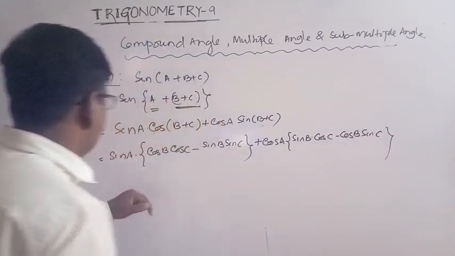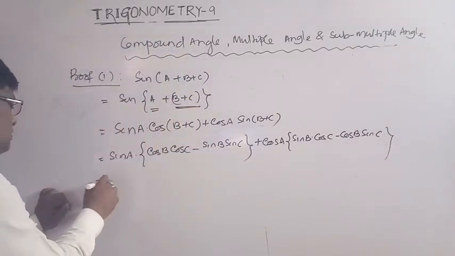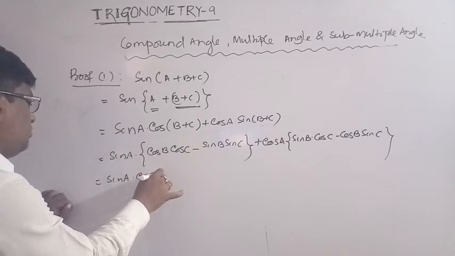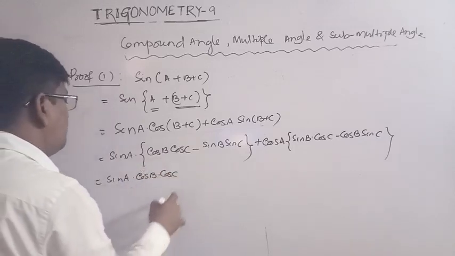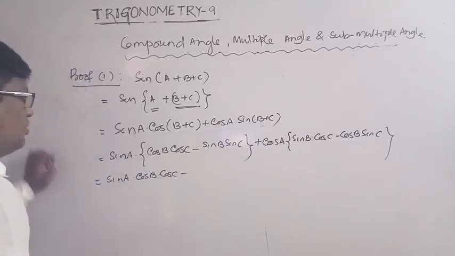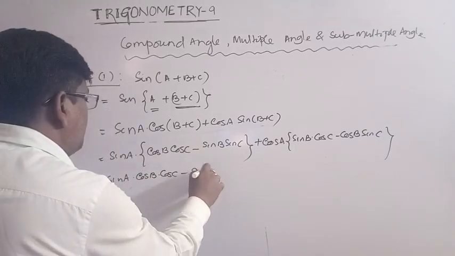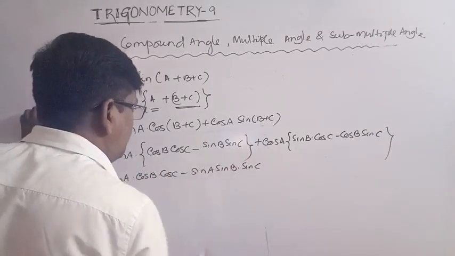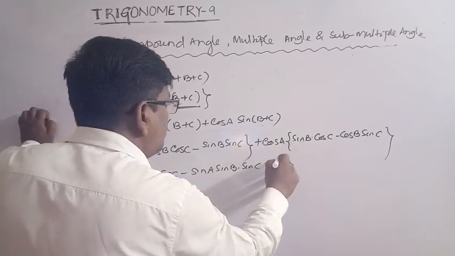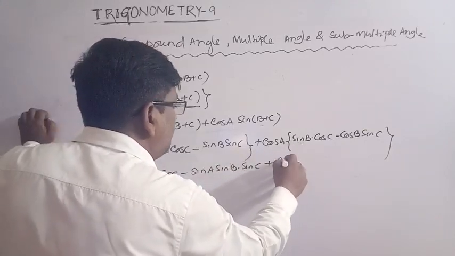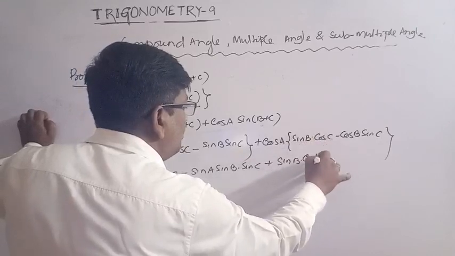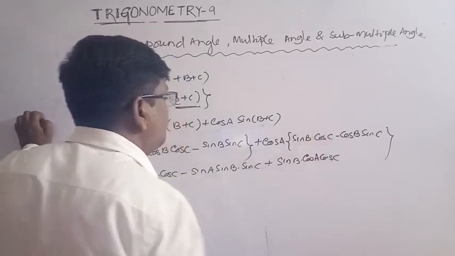Now multiply. This is equal to sin a cos b into cos c minus what? Minus sin a into sin b into sin c. Then multiply this: sin b cos a cos c.